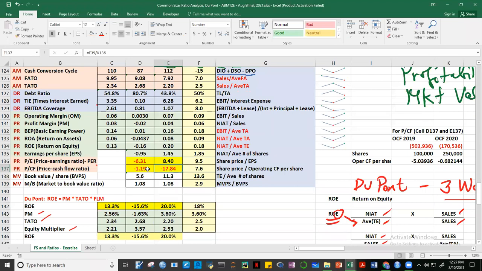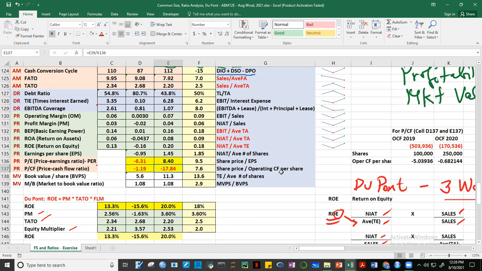Parehong negative guys. So again guys, it doesn't make sense to interpret this. However, for our purposes, assume lang natin na positive to. Ang ibig sabihin nito, guys, ang value ng stock ng company 17.84 pesos in order to have an operating cash flow of 1 peso. Medyo mahal, no?